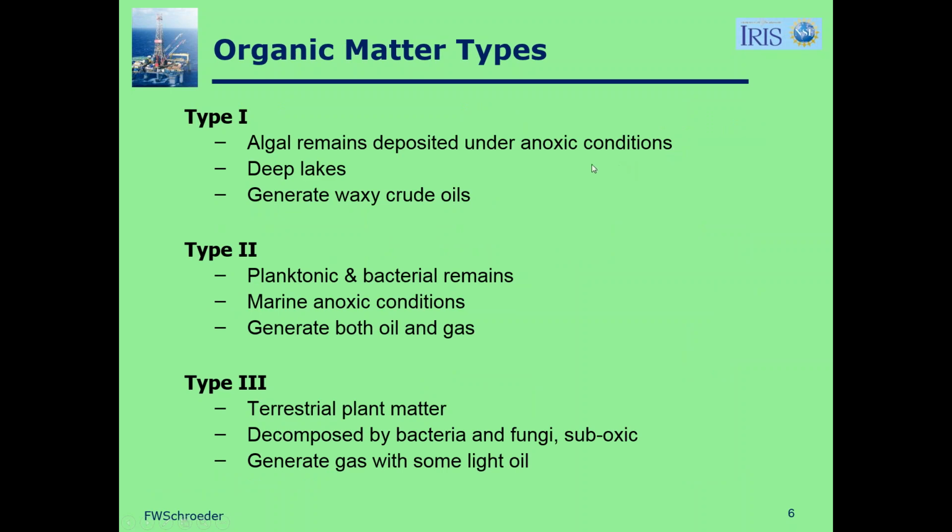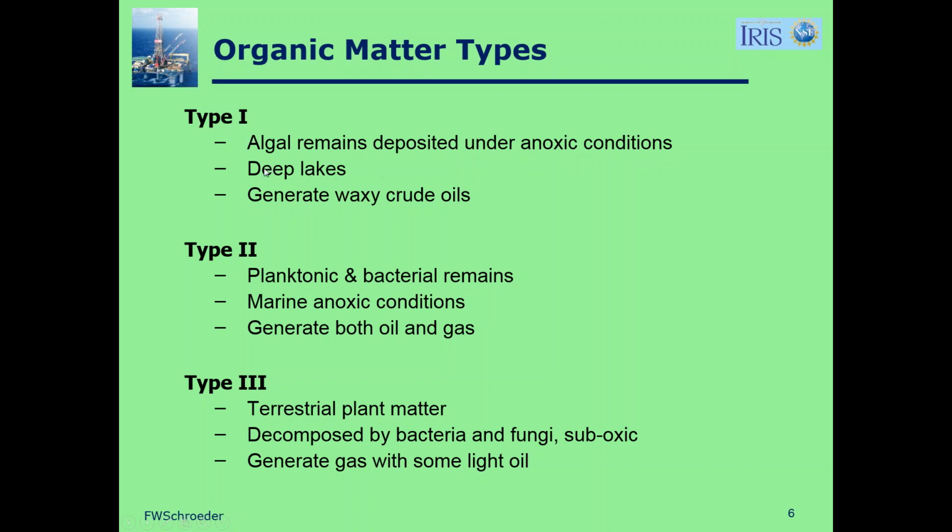With organic matter, we talk about 3 types of organic material, usually expressed with Roman numerals 1, 2, and 3. Type 1 is algal remains, and the best preservation occurs when the material is deposited in anoxic or low oxygen conditions.